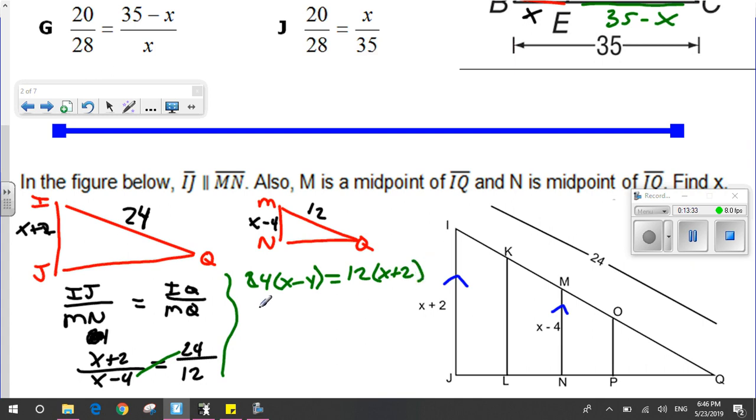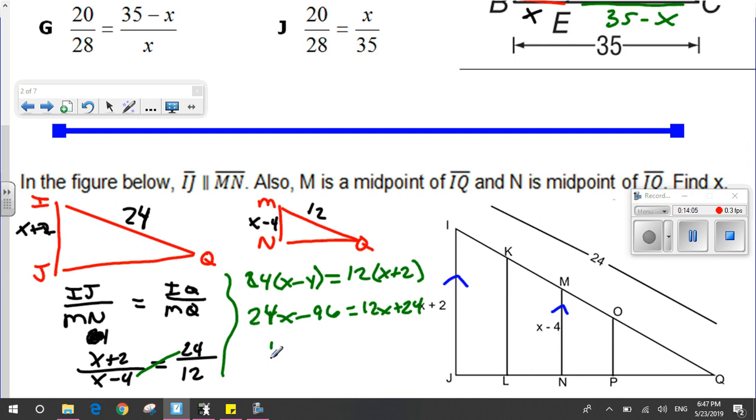Again, this is why process is key when you're solving proportions. It's not just a simple cross multiply divide always, folks. So show the correct process. Now distribute 24, so that will give me 24x minus 96 equals 12x plus 24.